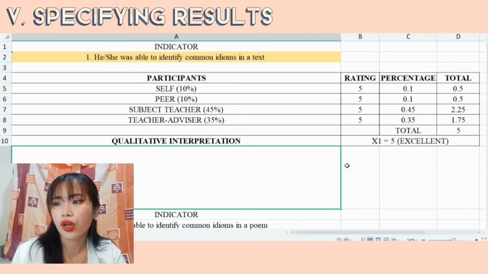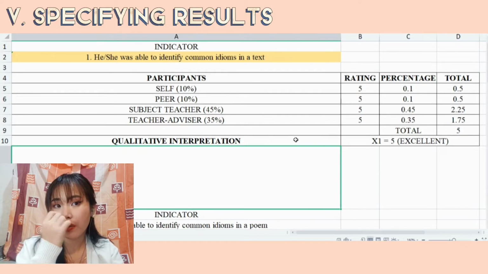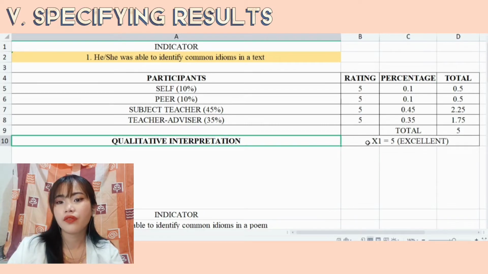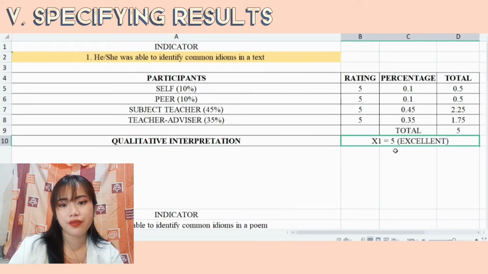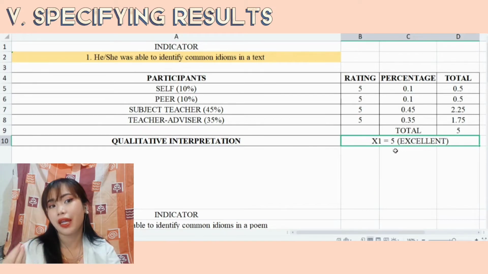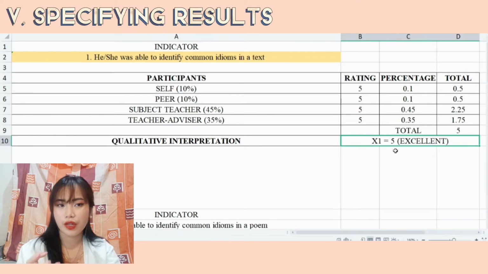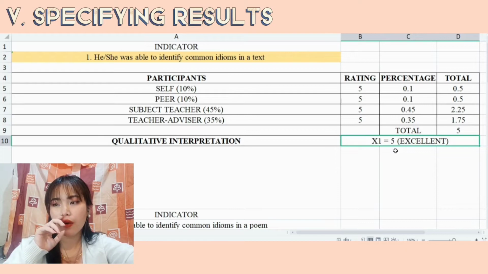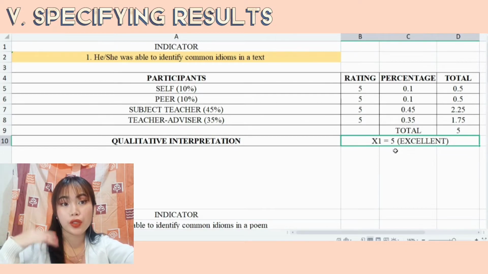So for the first indicator, we have he or she was able to identify common idioms in a text. According to the checklist earlier, all of them rated Chris 5. As you can see on the table that I made, since we need to specify their own ratings of Chris' performance on these indicators, let's put them all together.